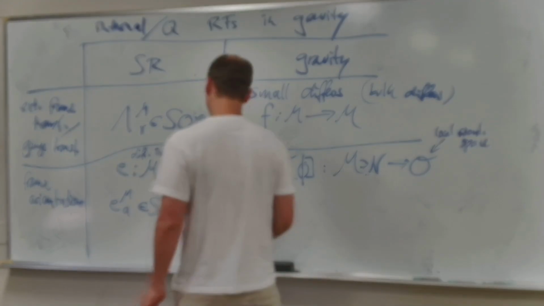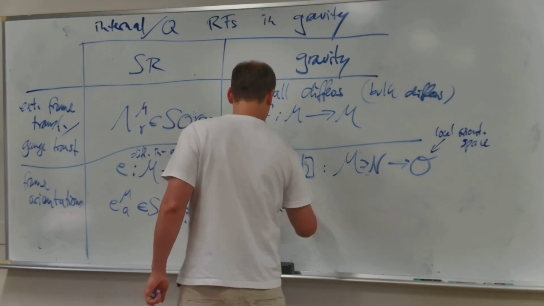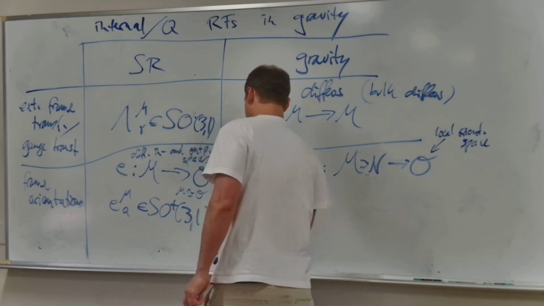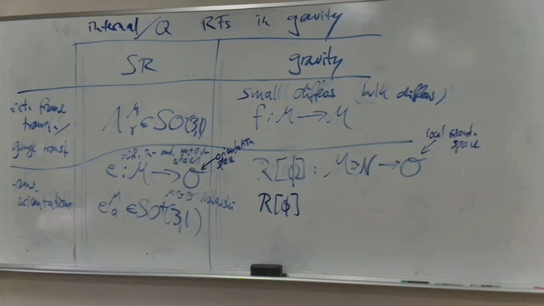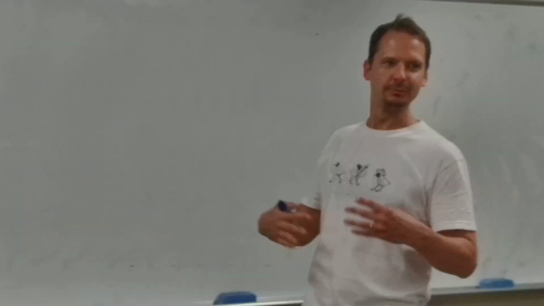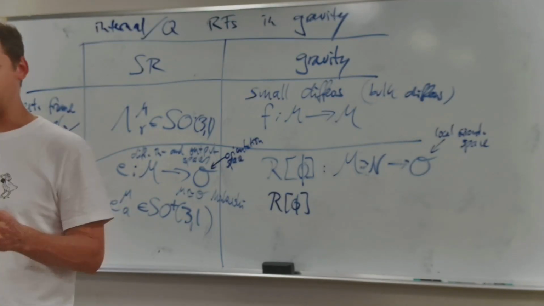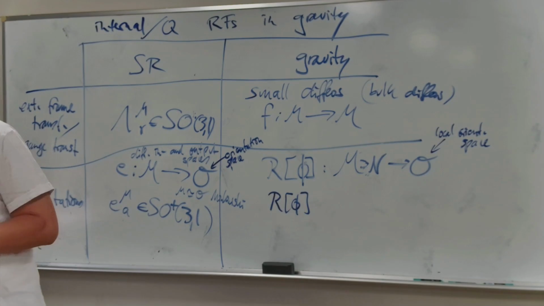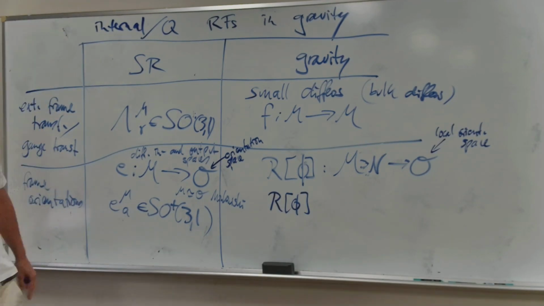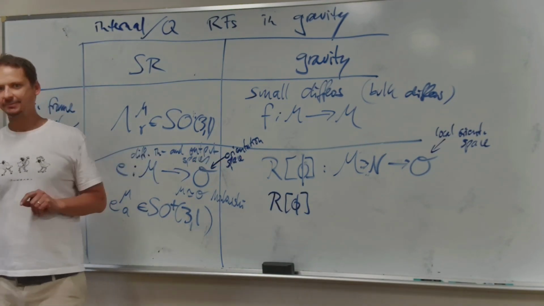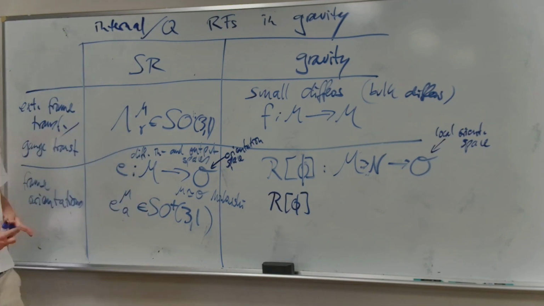And now, what's the analog of having this object being group valued in the ideal case? You can be more general than what I'm going to say. Just like in the gauge theory case, for simplicity, I restricted to the U's being group valued, but you can actually be more general than that. I just didn't tell you how. So for simplicity, let's also be group valued. So what are we going to do?